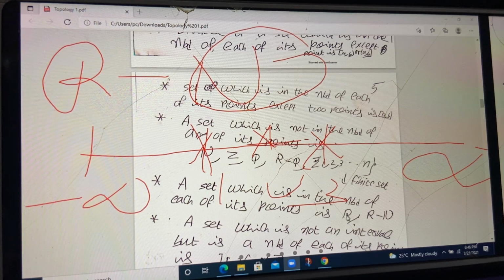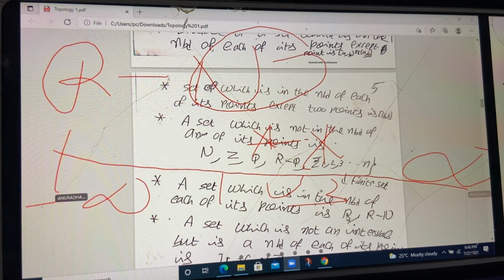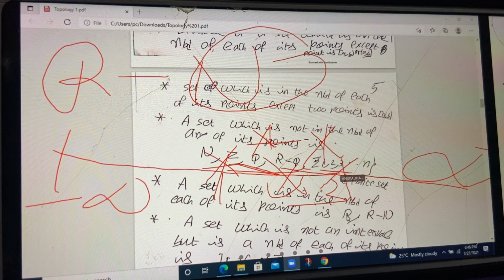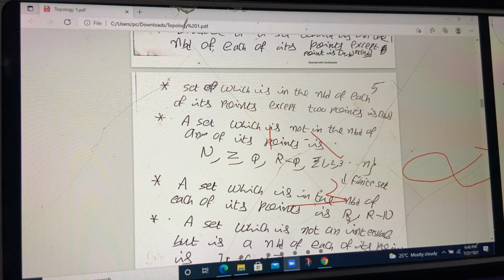R minus N: minus infinity to 1, all are included. 1 is not included. Again, you have to remove 2, but in between they are there. You have to remove 3, in between everything is there. Note down this definition. R minus N means all real numbers other than natural numbers.